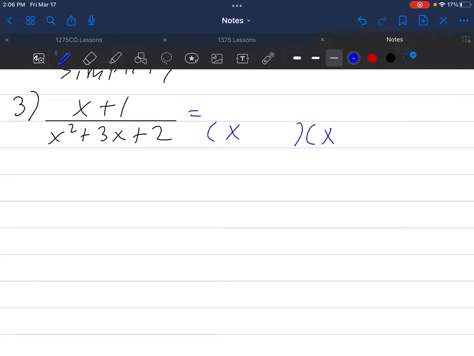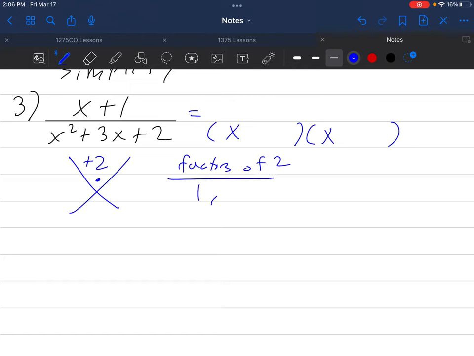A quadratic where a is equal to 1, right over here, means that we can factor by first trying to find numbers that multiply to 2. The factors of 2 are 1 and 2, and negative 1 and negative 2. And we're choosing one of these pair of factors based on what they add up to.